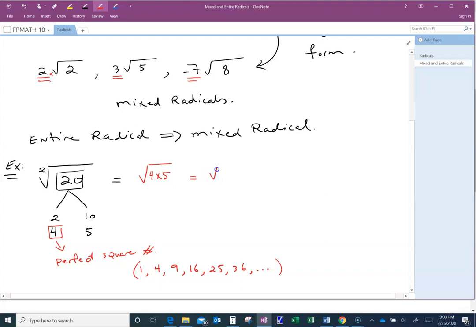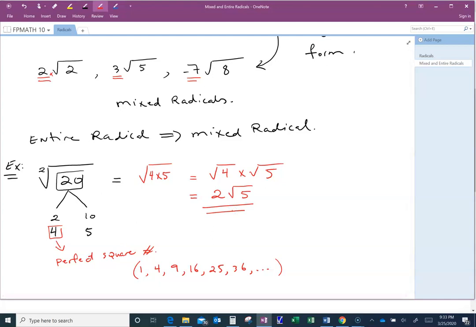And here's the thing, we can break up the square root of 4 times 5 as the square root of 4 times the square root of 5. That is allowed. Now we can find out what the square root of 4 is. That's 2. But root 5, we can't really do anything with that. We leave it alone. And that would be our final answer in the form of a mixed radical.